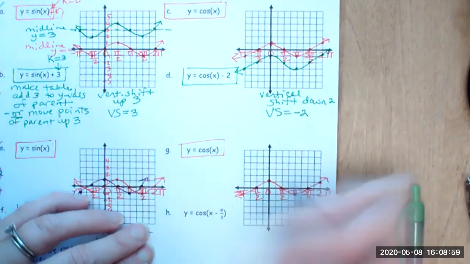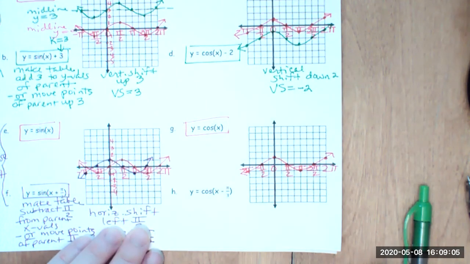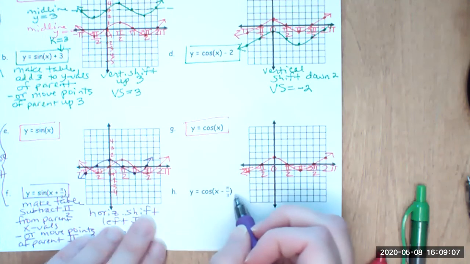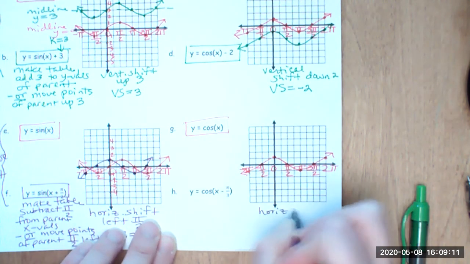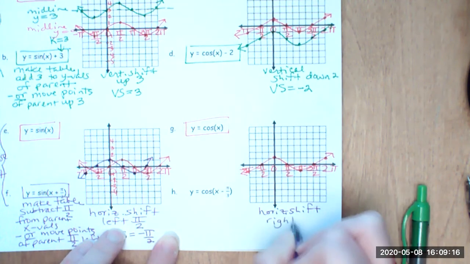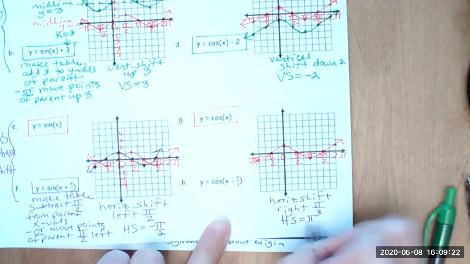Okay, so there's the parent, and you'll notice here what we have is a phase shift right pi over 3, right? So we have a horizontal shift right pi over 3. Another way of saying that is just horizontal shift is positive pi over 3.